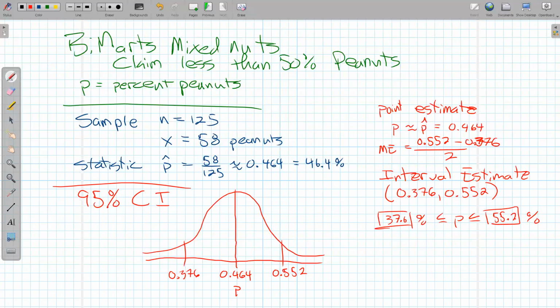I put this in the wrong order, 0.376 minus 0.552. That's okay, it'll just get the wrong sign. Divided by 2, I get 0.088. As a percentage, that would be 8.8%.